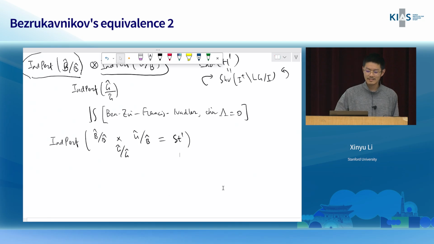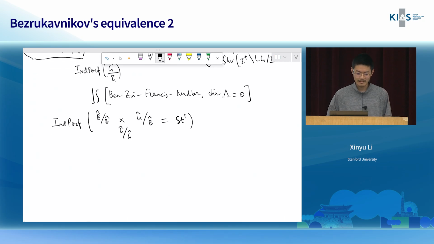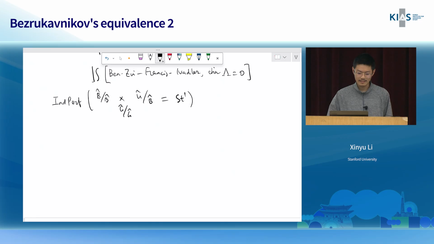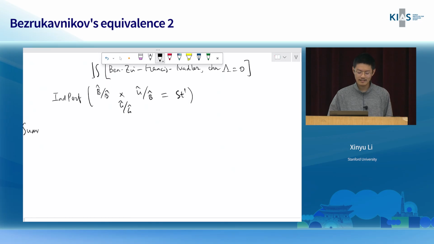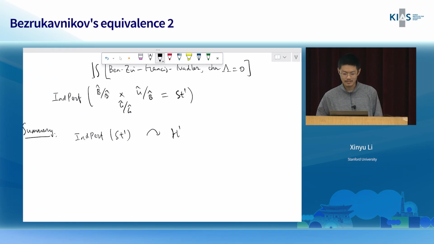Okay, so let me summarize what we have done. We have really constructed a spectral action. In this case, it's really an action on this H prime affine Hecke category. But what we really want is a functor from the left to the affine Hecke category.